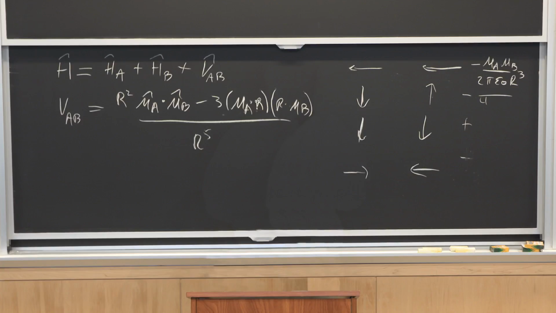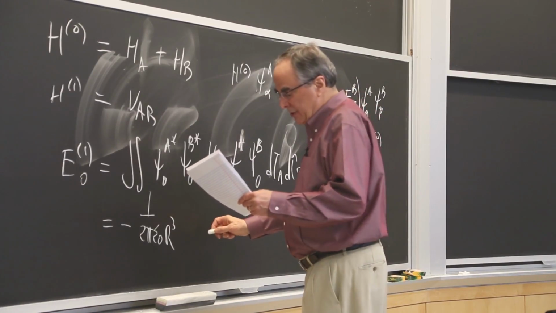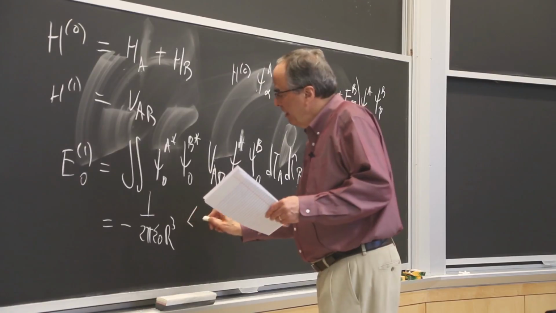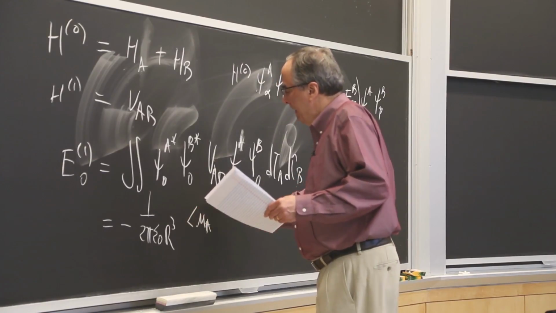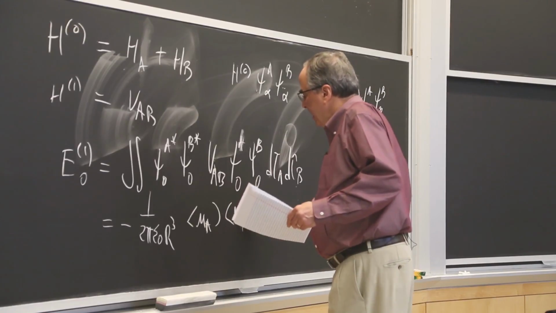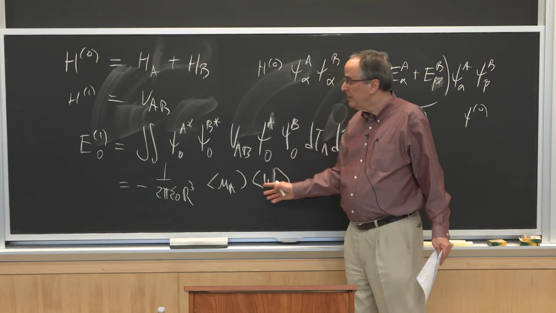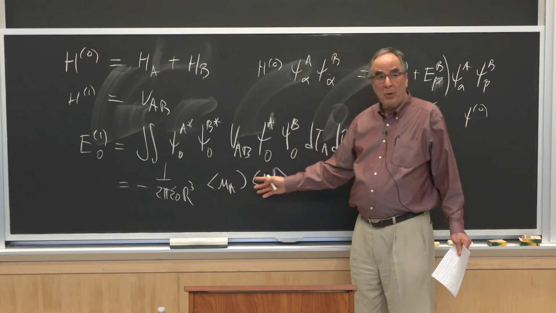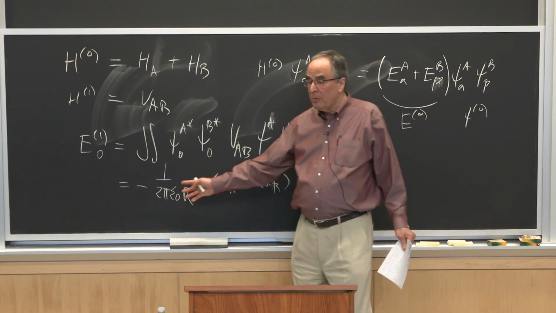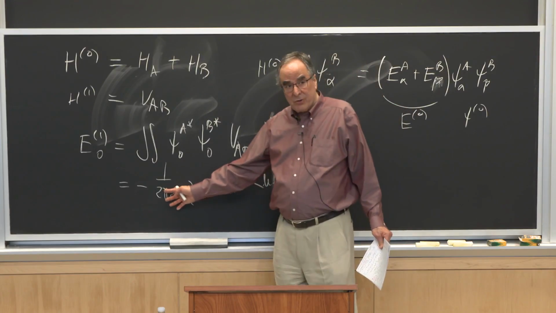And so, skipping a couple of steps, we have mu A, mu B, the expectation value of these. So if there's a dipole-dipole interaction, there will be a first order correction term.